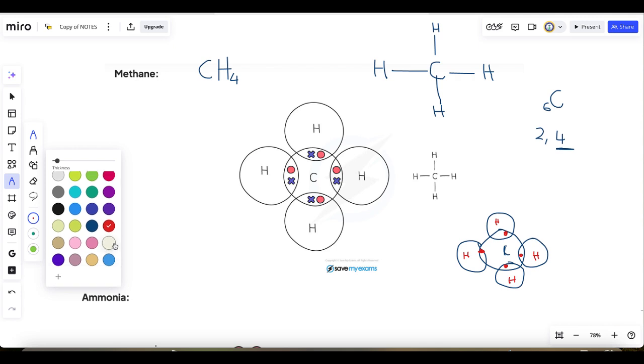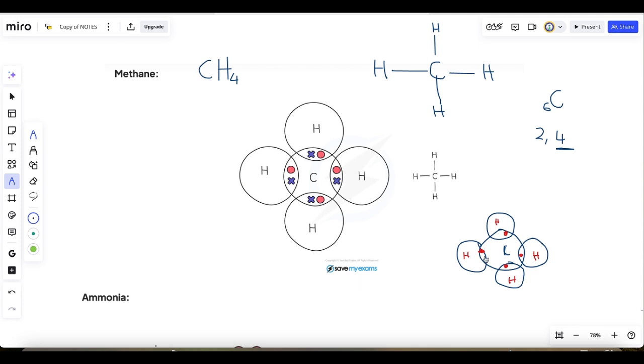I also can contribute something. I am not empty. I can contribute. So hydrogen brings its cross here. Each hydrogen atom brings its only 1 electron.